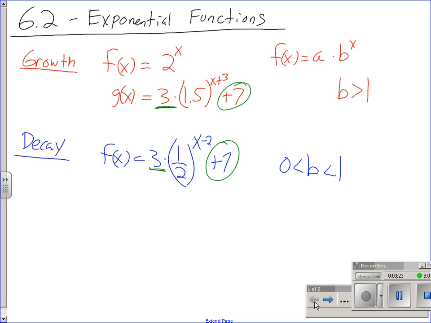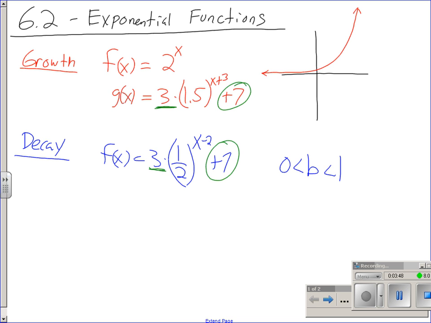Now, I should also talk about what the graphs look like. For exponential growth, as you read left to right, the graph comes along here, just the most basic ones, and goes up real fast. So it's kind of like a horizontal asymptote in the negative x direction, but the graph increases very fast as you get to positive x values.